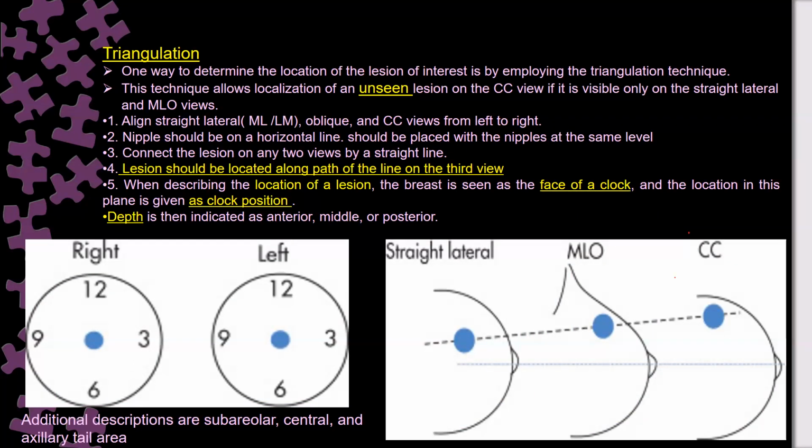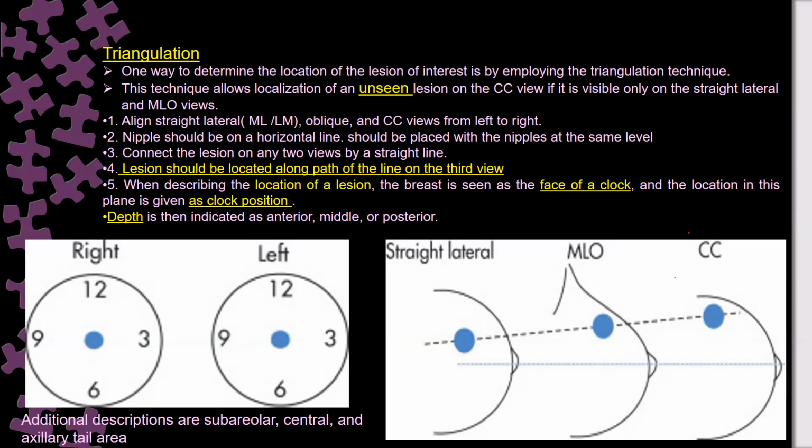We'll go again. Let us discuss it again to make it a little bit clearer. Triangulation. If you have seen a lesion on MLO, but you could not see it on the CC view, then you will go for a straight lateral view.